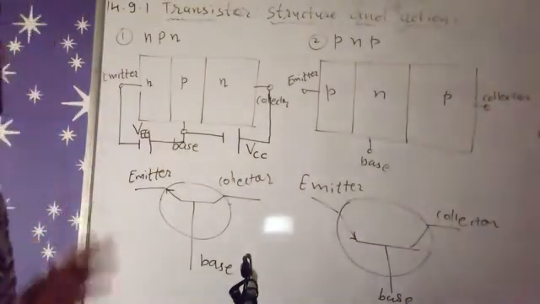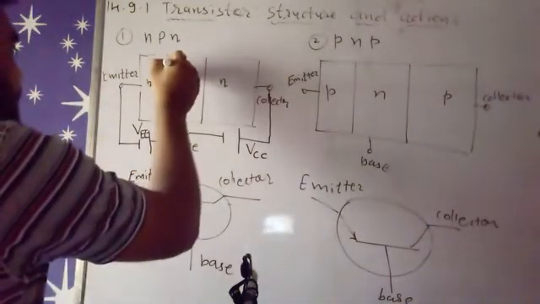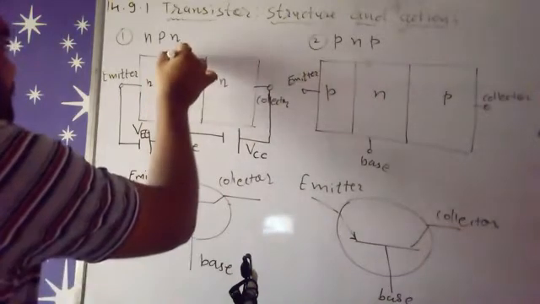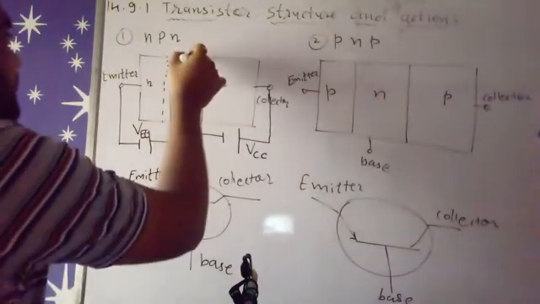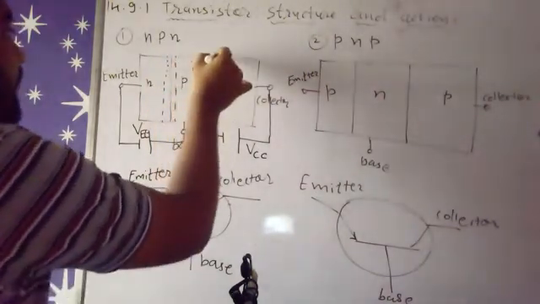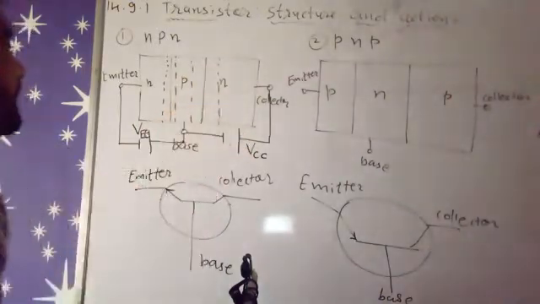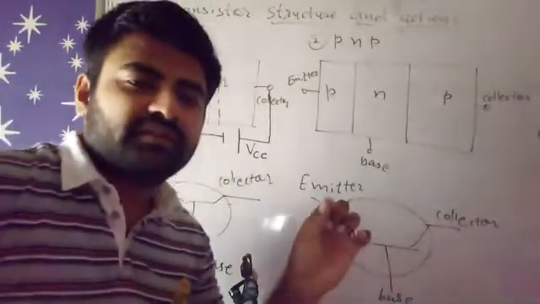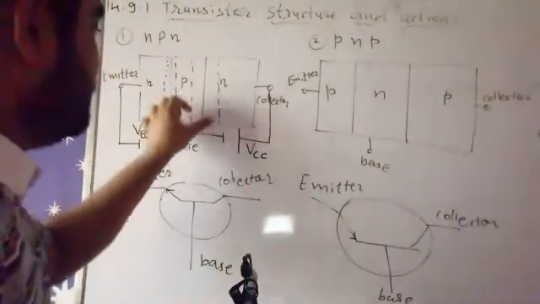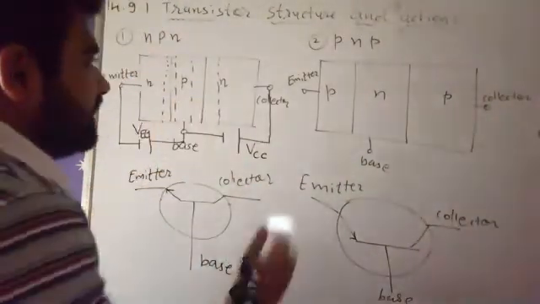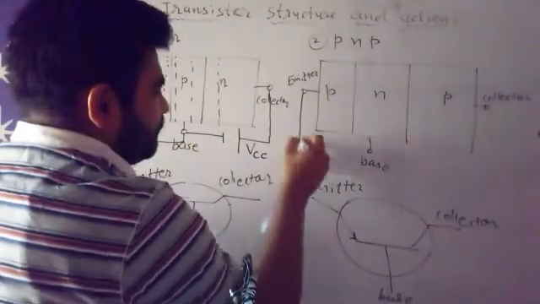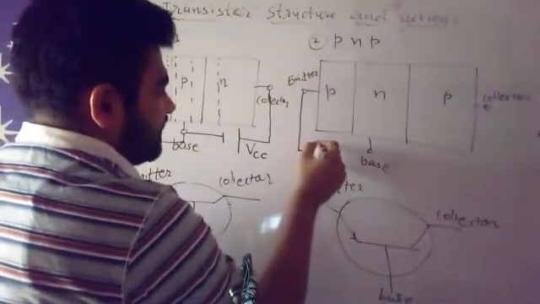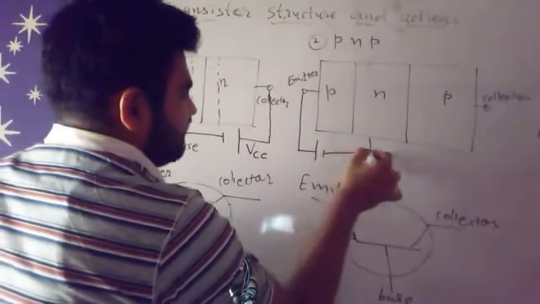Now what exactly happens? Here we have a depletion region, here also a depletion region, and here we get a wider depletion region, right? Because of forward bias, that depletion region is thin, and this depletion region is thicker. Similarly, we connect the P type semiconductor with positive and negative with negative.